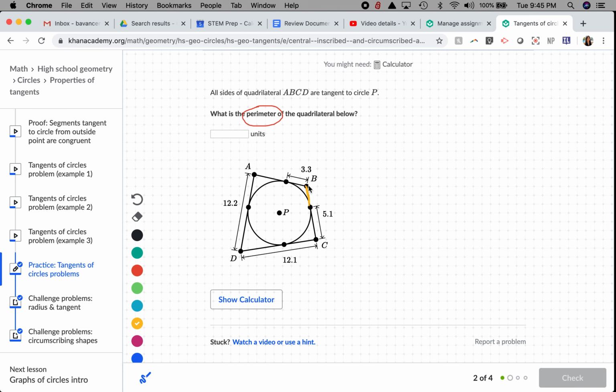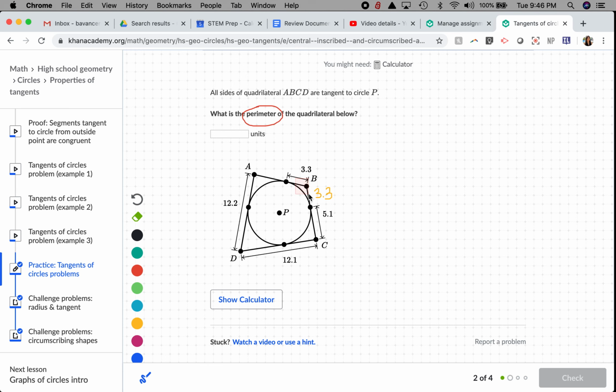One thing that I see is that this yellow line and this other yellow line both are connected to this external point B. One rule about tangent lines coming from the same external point is that they are congruent. That means that if this is 3.3, this missing side will also be 3.3. Okay?